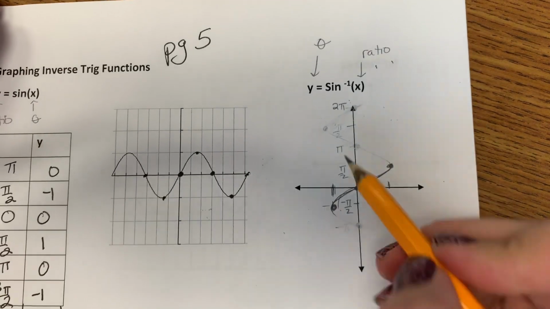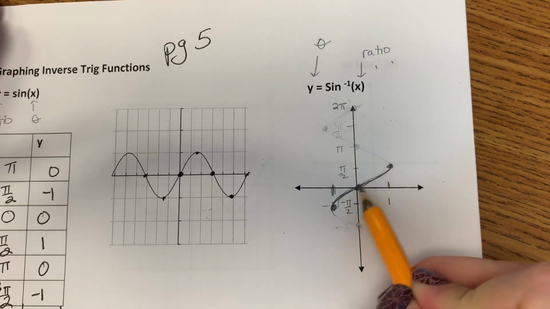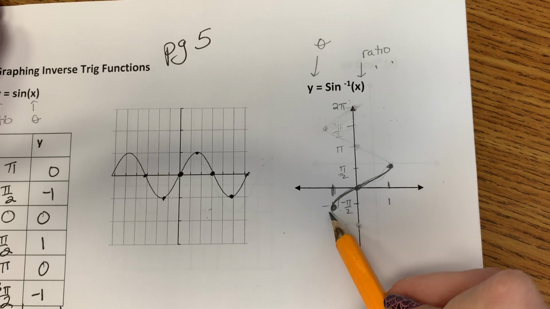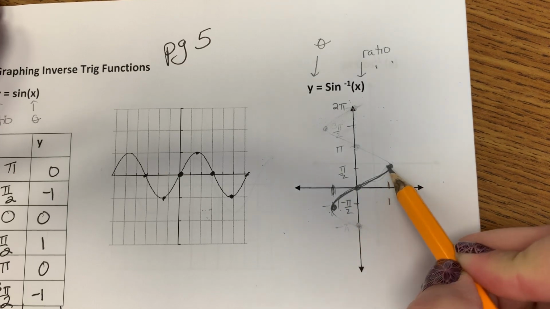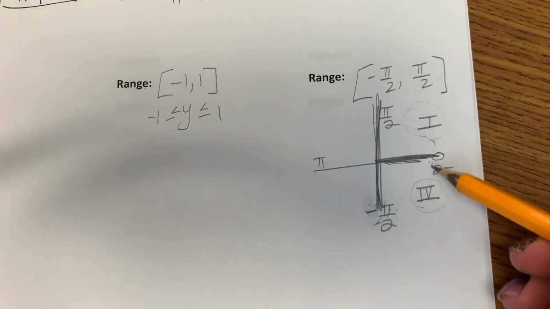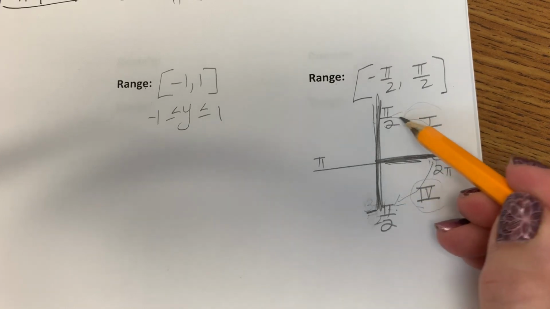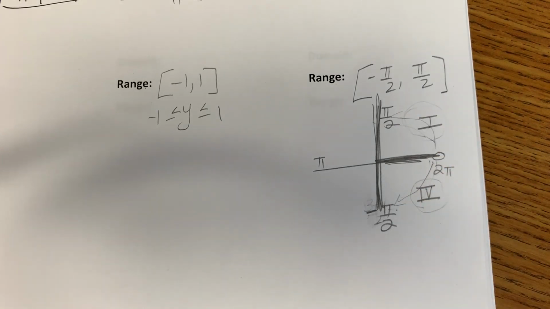Whereas if I stretch that out to the graph, I have this continuous function from -π/2 to π/2 on the range that comes from going clockwise and counterclockwise around the unit circle.